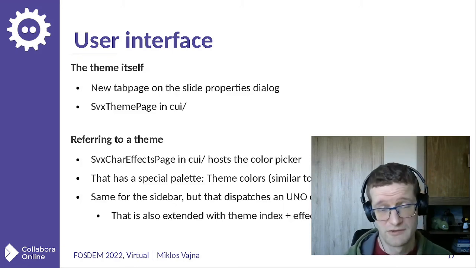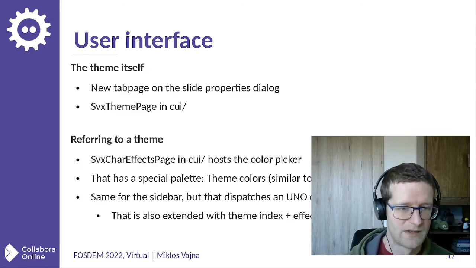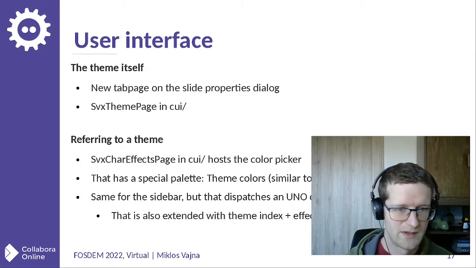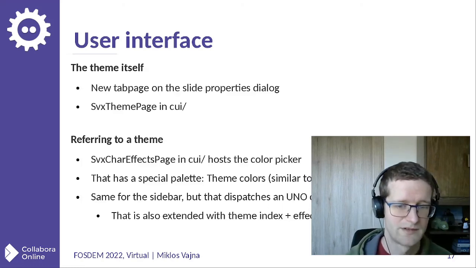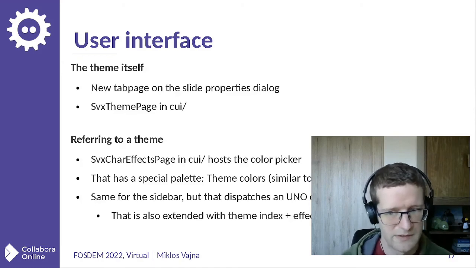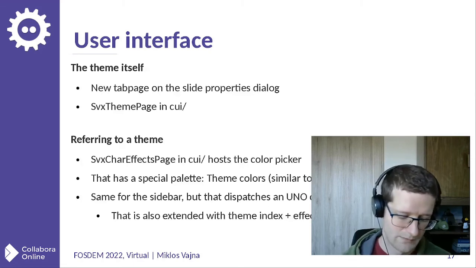So how the user interface is implemented. The theme itself is a new tab page in the slide properties dialog in the common UI module. And then referring to this theme, if you do this from the character properties dialog, then there is a character effects page already, and that has the color picker, and the color picker is extended with this special theme colors palette that's showing the colors from the currently selected master page.